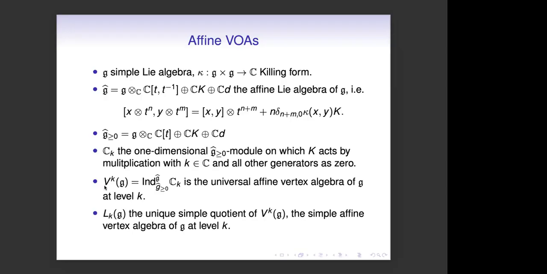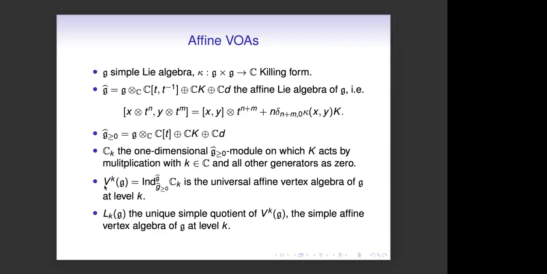But for that we better specify also the action of the center, which we call the level. And we know in particular the Weyl module corresponding to the trivial representation can be given the structure of a vertex algebra, the universal affine vertex algebra of this given level. And by L, I will always denote its unique graded simple quotient.